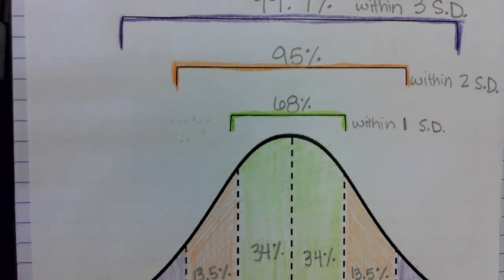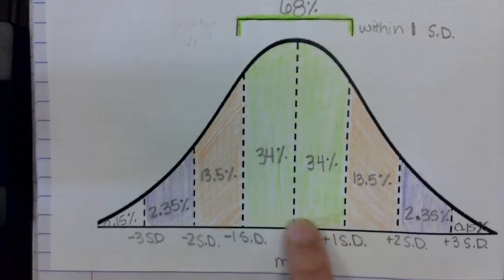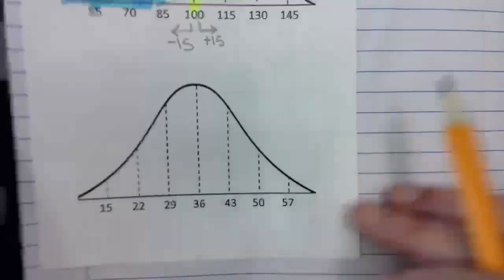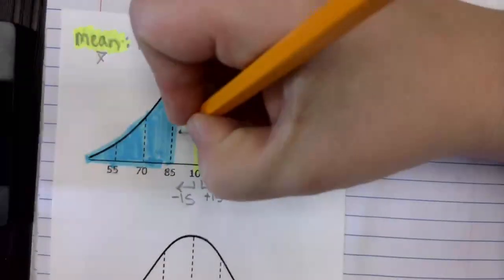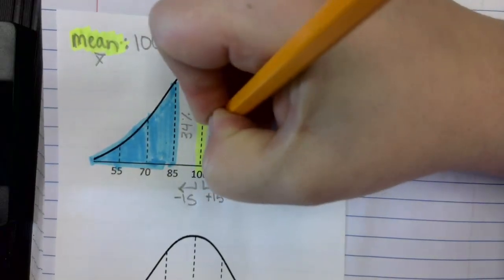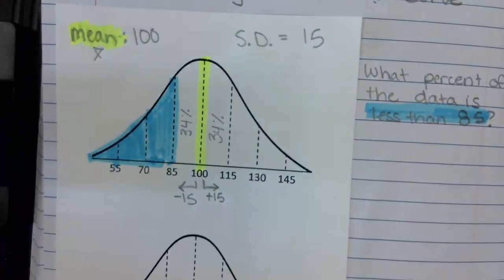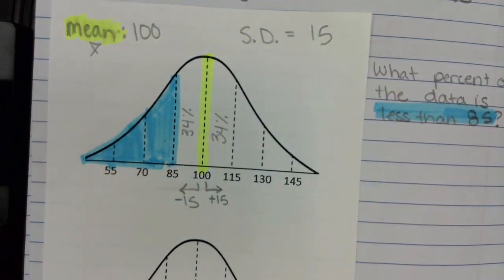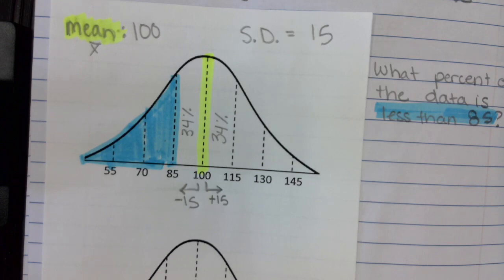So to start off with, I always like to start in the middle because those ones are a little bit more easy to remember. 34 and 34. So if you want to write those in, you can. 34 and 34. That's within the one standard deviation. Now if I go to the second standard deviation, what else do I have? 13.5.